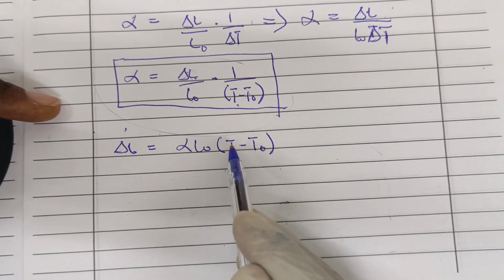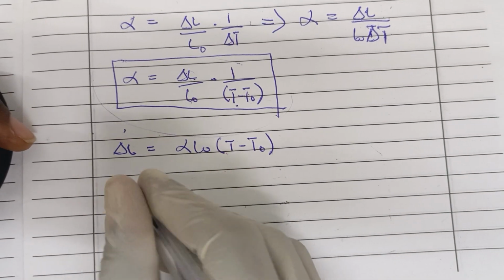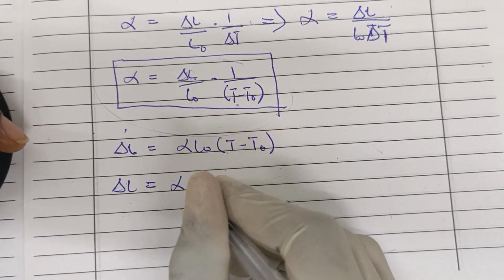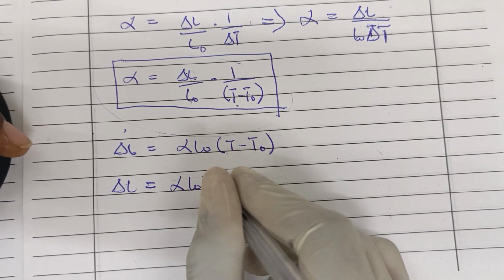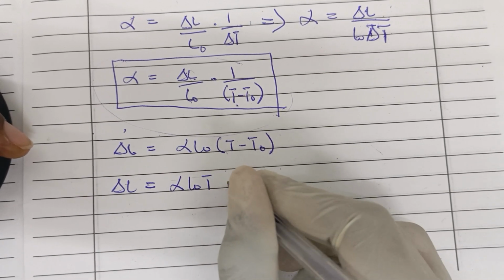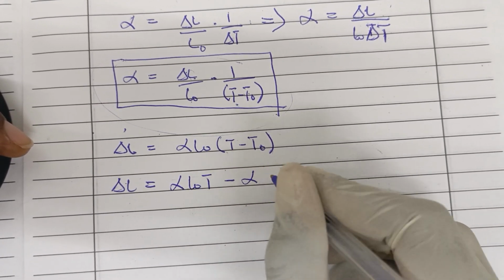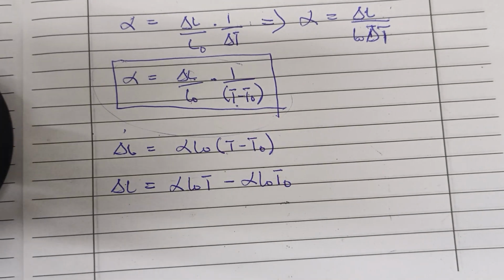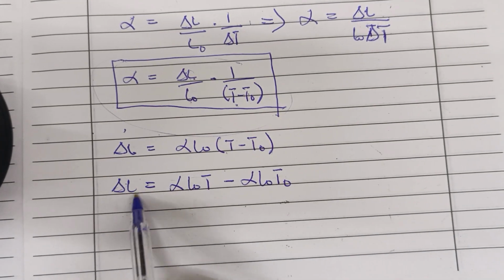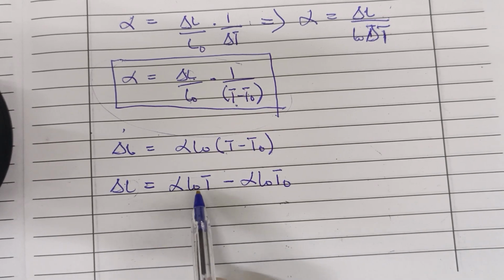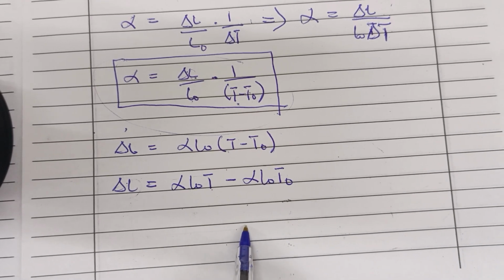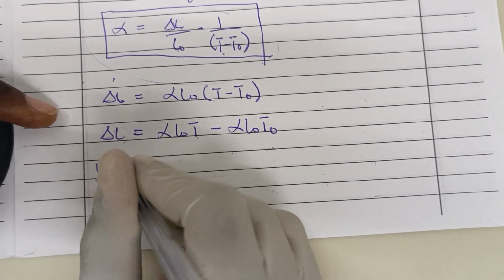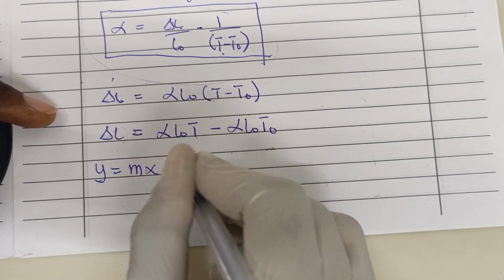What we do next is to expand. Our change in L equals the coefficient of linear expansion times L naught times T, minus the coefficient of linear expansion times L naught times T naught. We are interested in plotting this on the ordinate against this on the abscissa. So we can compare to the equation of a straight line, y equals mx plus c.